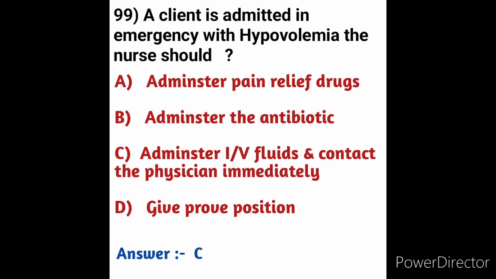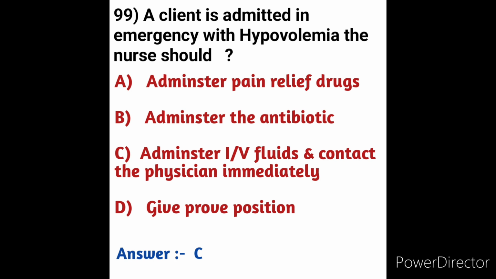And also, option C is the correct answer. Administer IV fluids immediately as advised by the doctor or physician orders. Here option C is the correct answer. Potassium replacement is to be done after laboratory confirmation of the diagnosis. So the patient should be under cardiac monitoring.